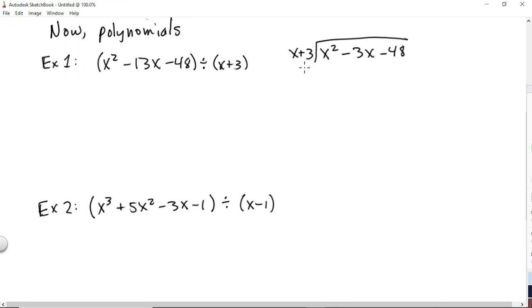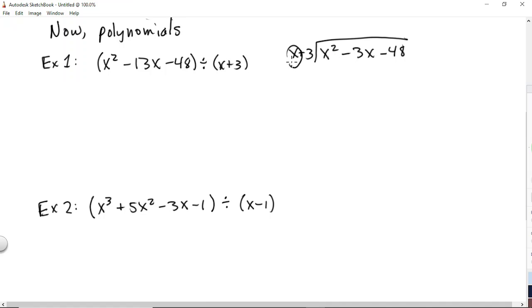So we say, how many times does that thing we're dividing by, the x plus 3, go into the x squared? We just look at that first term. And we don't really have to worry about the 3. We ignore that. We're really just looking at the x.